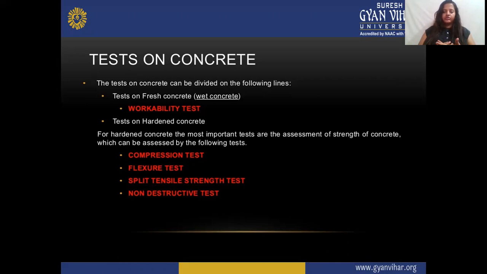So these are all the important factors, and we have to understand that when the concrete is in its fresh state, there are different variables which have to be kept in mind.